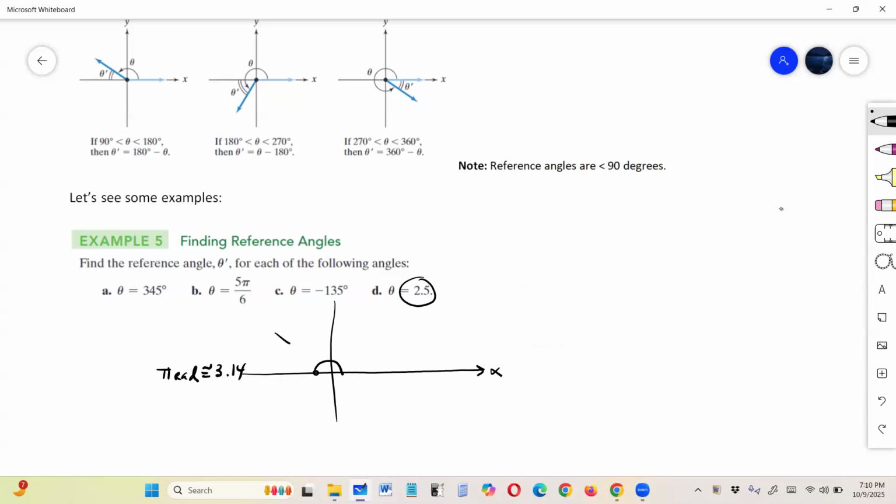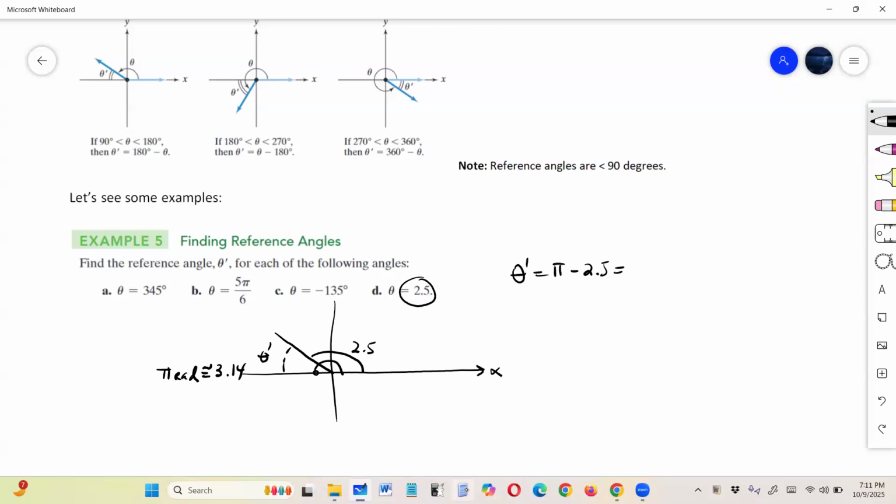So 2.5 is here somewhere. So your reference angle is here. So it's going to be pi minus 2.5.